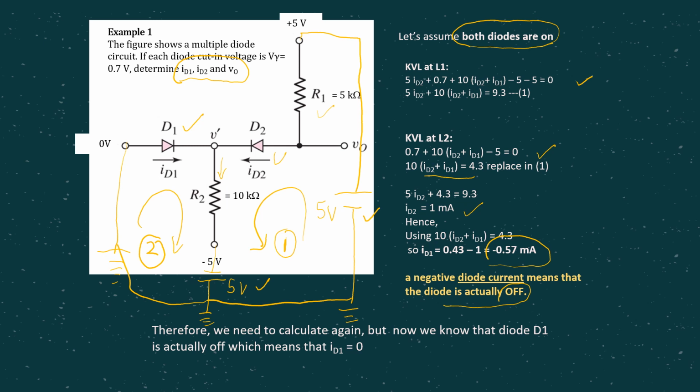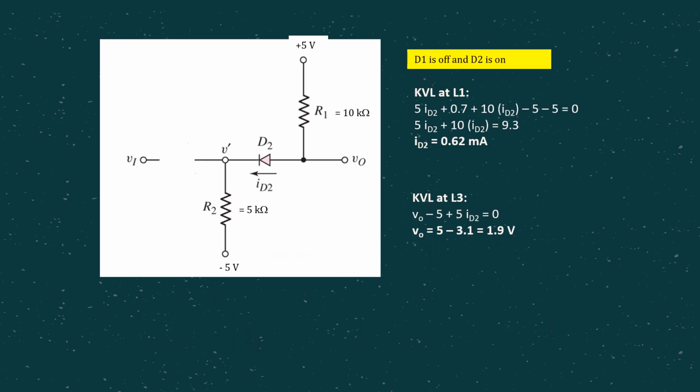So what you have to do, we need to calculate again, but now we know that the diode D1 is actually off. Why do we know it's off? Because as we can see here, ID1 is negative. Now we know diode D1 is off, so you can simply replace it with an open circuit here. So obviously here there is no closed loop, no current flowing.